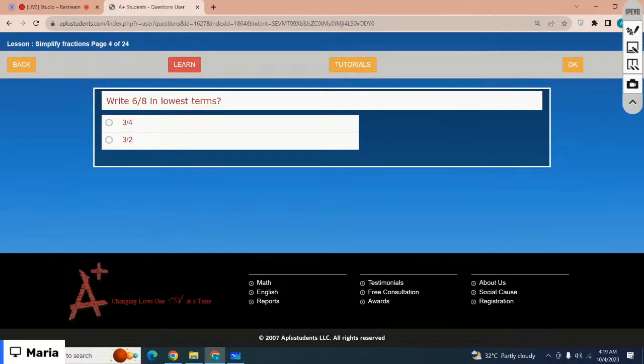Write 6 by 8 in lowest terms. So which is the correct option? The correct option is, very good, 3 over 4?